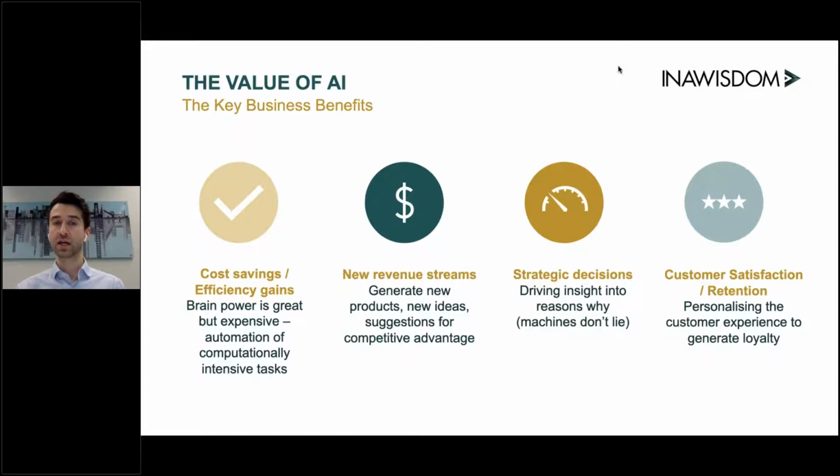Another one is creating new ideas, new products around the core solution, the core product that your organization provides. So adding perhaps additional features that have some prediction capability in there might create new revenue streams for you. The third one is about understanding better how perhaps your customers operate or how your products are doing out there, and help you really to make strategic decisions about the future.